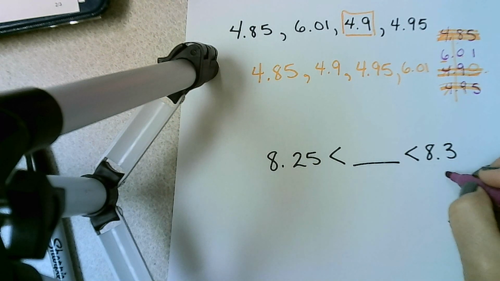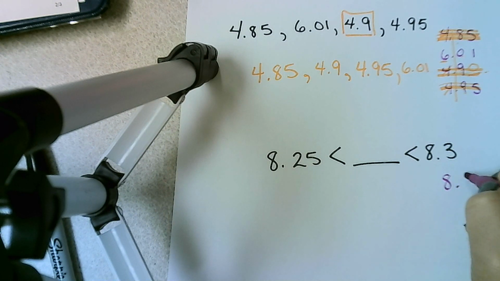I'm going to line these up. 8.25, 8.3, and I'm going to make them have the same amount of digits. So in math, nothing is something, nothing means 0, and it makes a lot more sense now to know that I'm looking for something between 8 and 25/100 and 8 and 30/100.